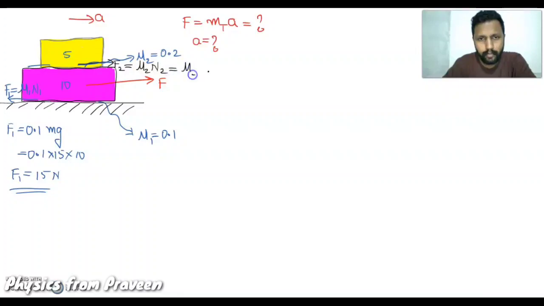N2 will be mg, where m is the mass of the 5 kilogram block itself. Therefore, mu2 is 0.2 into m, which is 5 into, taking g as 10, it should be 10 Newton. It is the frictional force.